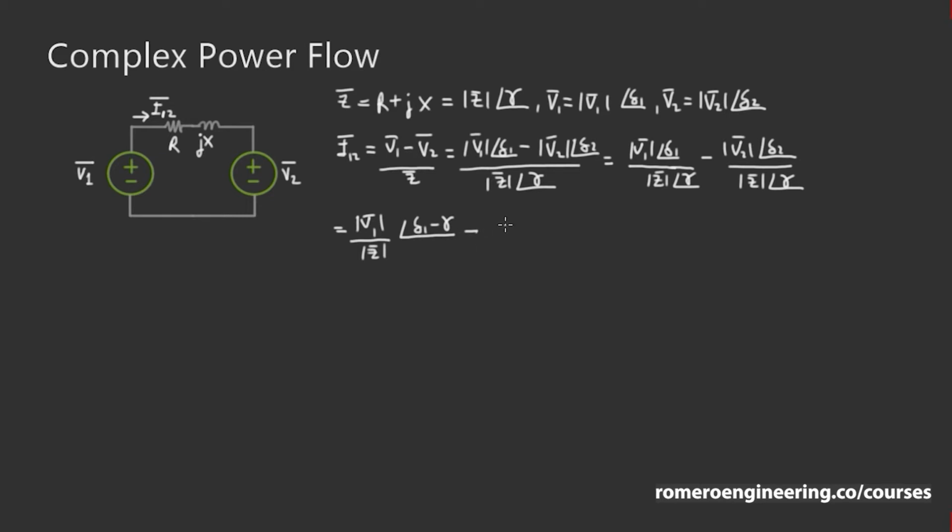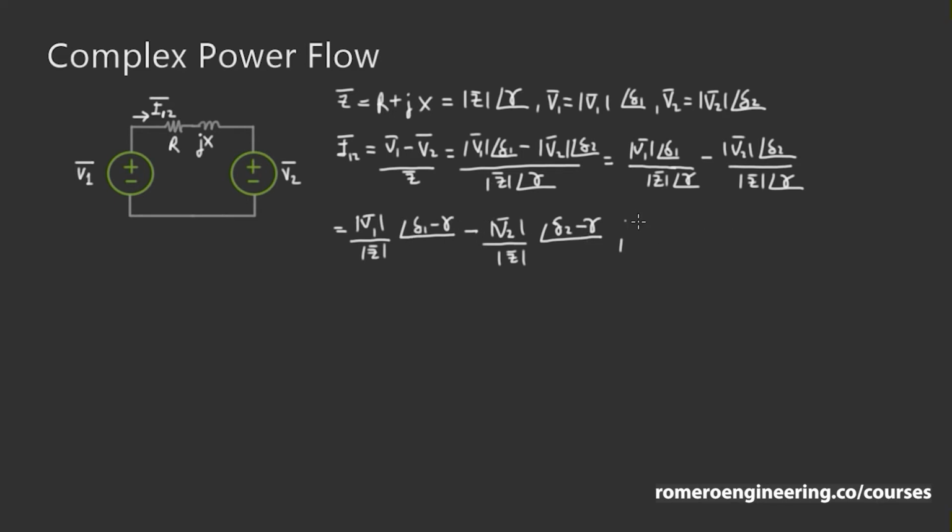And then likewise for the V2 term, the V2 phasor absolute value over Z at an angle of delta 2 minus gamma. And so now I have an expression for I12 in terms of V1, V2, Z, delta 1, delta 2, and gamma.